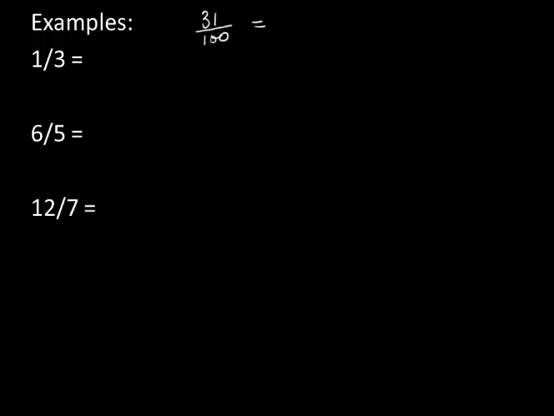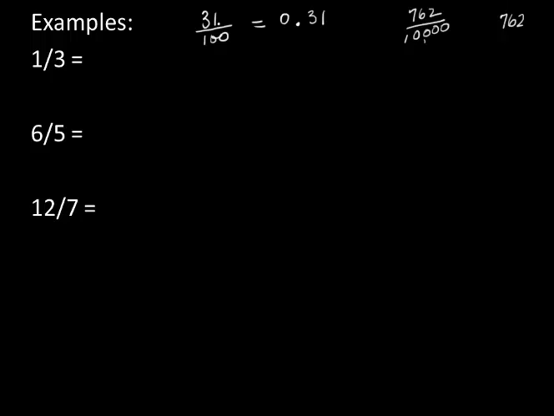So we have 31, and the decimal point, of course, is after the 1. You don't write that there. And move it 2 places to the left. So we have 0.31. If you had 762 over 10,000, well, you just take 762.